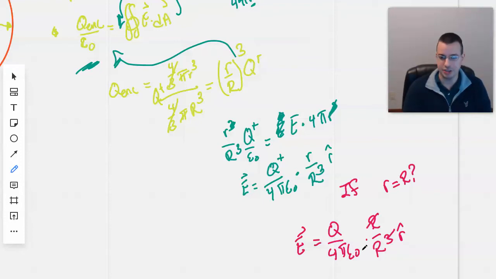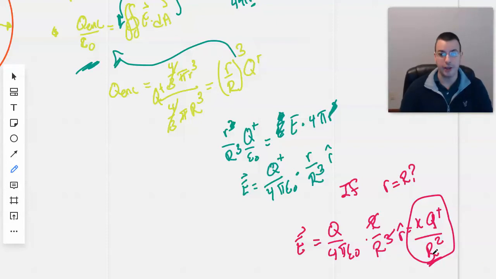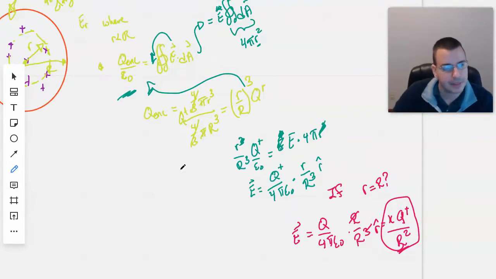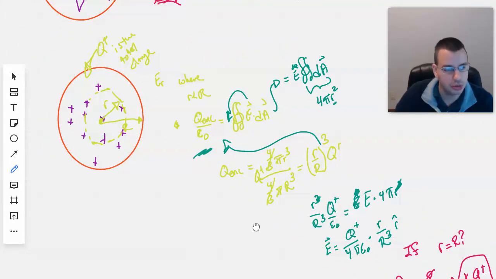One of these cancels, and we're left with K Q over R squared, which is what we're used to. So it's like, okay, this kind of sort of almost makes sense. So that is how you use Gauss's law for a sphere.